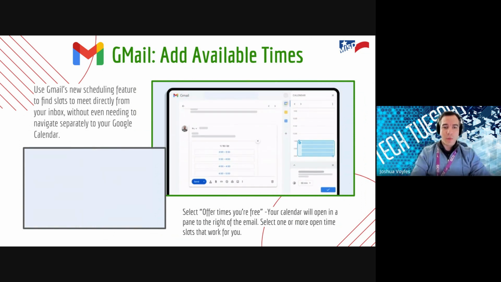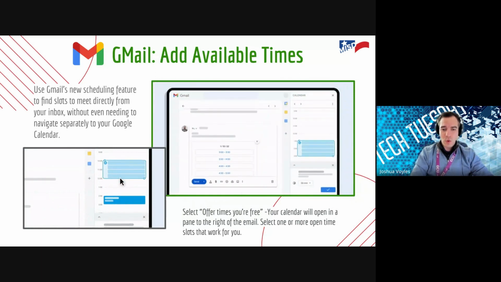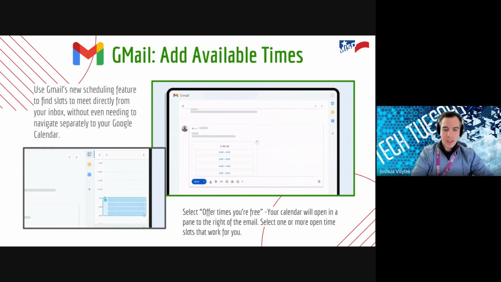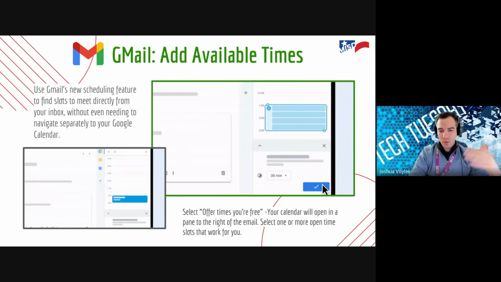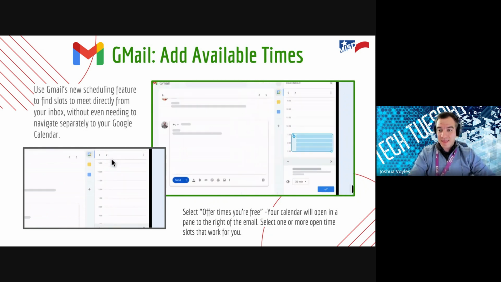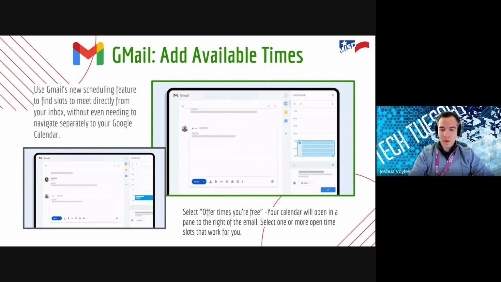You can do it all right there in Gmail. You just select offer times that you are free, and your calendar will open in a pane to the right of your email. Then you can select one or more open slots that work for you, and add that to an email. I thought that was pretty cool. So you can add times to your email, and I'm going to show you how to do that.